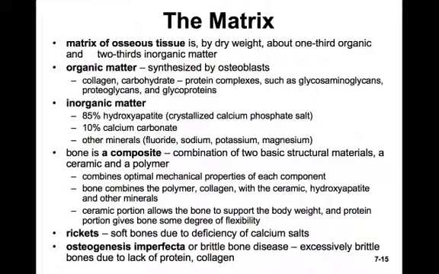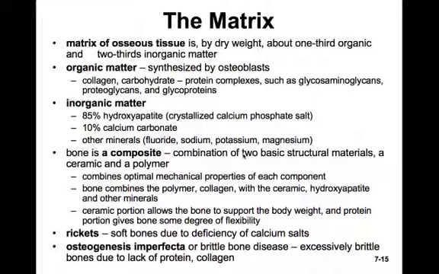Osteogenesis imperfecta is the opposite of that. We have not enough of the rebar, right, the collagen and the proteins that maintain some bendability to the structure, and plenty of the inorganic matter. So the bones tend to break very easily because there's not enough structural portion of the matrix.